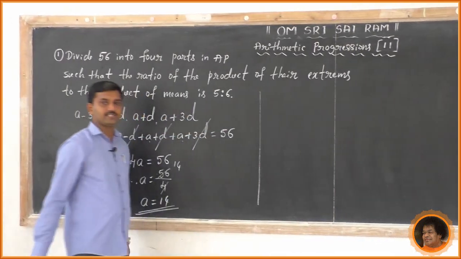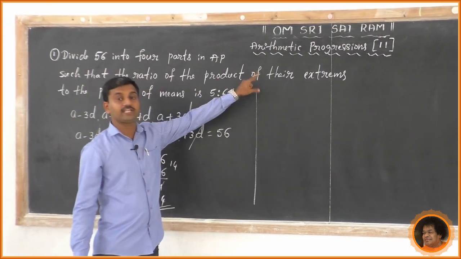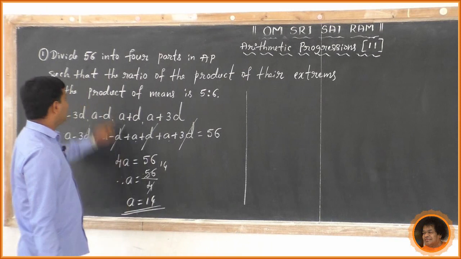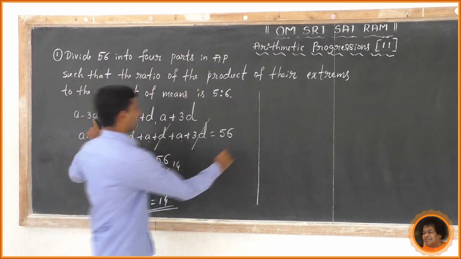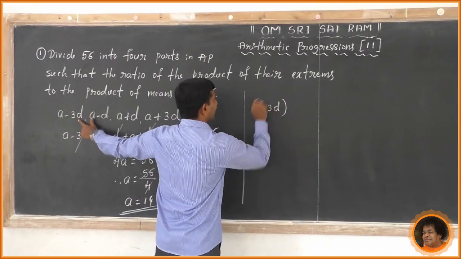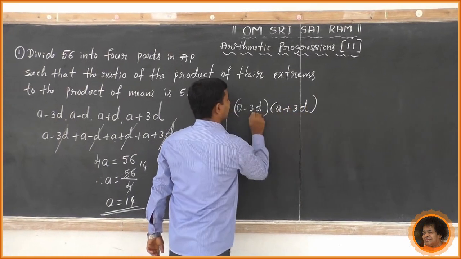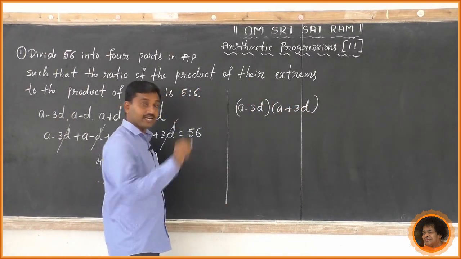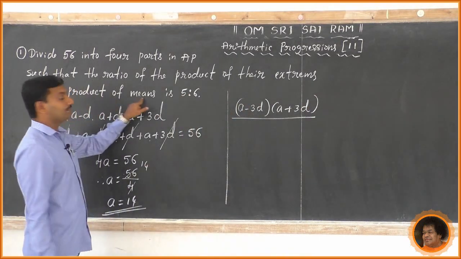What is the second condition? Such that the ratio of the product of their extremes. The product of the extremes means the first term and the last term, a minus 3d and a plus 3d. So this is the product of the extremes. Ratio means divided by the product of the means.